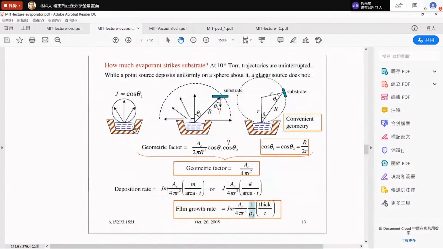And regarding the evaporation, we always consider how it strikes on the substrate. So how much evaporant strikes on the substrate? Like this is a substrate, so there is a limit, and it hits at theta degrees.